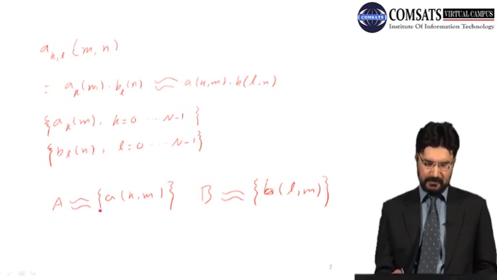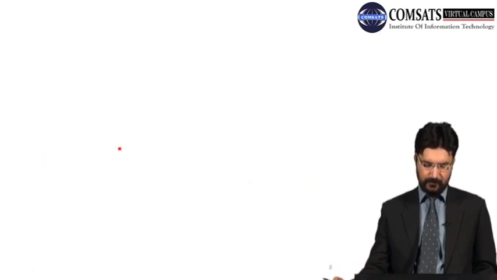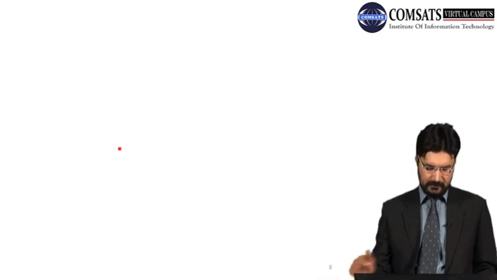Both of them should be unitary matrices, and now we can represent it in the form of matrices. So how do we reduce the complexity using this separable transformation?